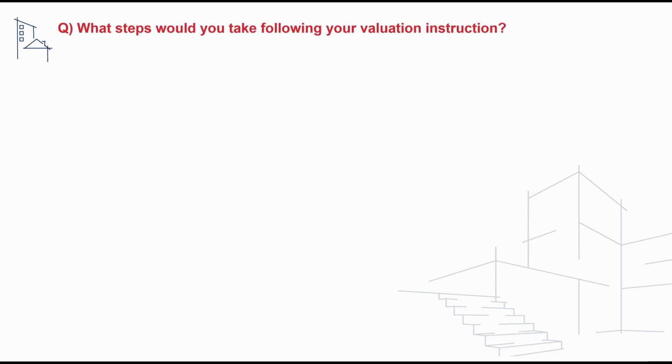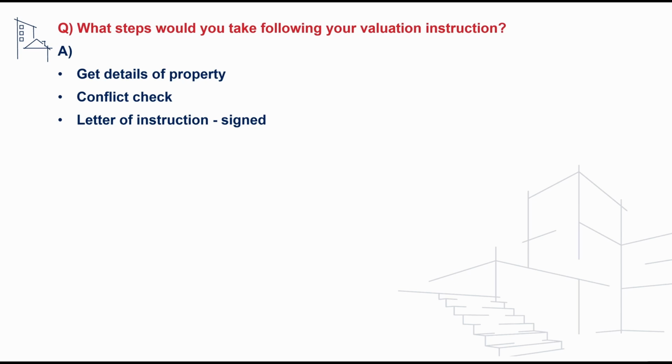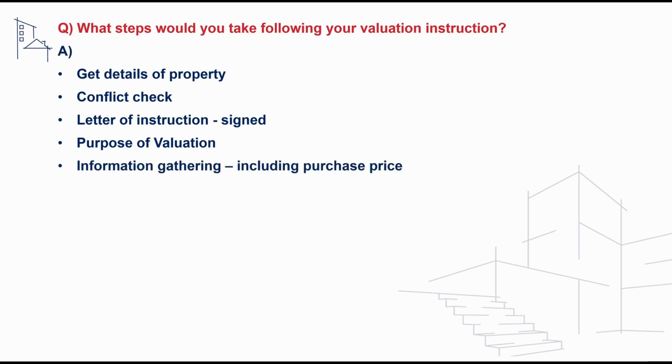The next question we'll take a look at is, what steps would you undertake following an instruction from a client to undertake a valuation on their behalf? And to address this, we can first of all say that we would get the details of the property to be valued. We would undertake a conflict of interest check. We would seek a signed letter of instruction, and then look to establish the purpose of the valuation. We would then commence information gathering, including establishing the purchase price or transaction price.